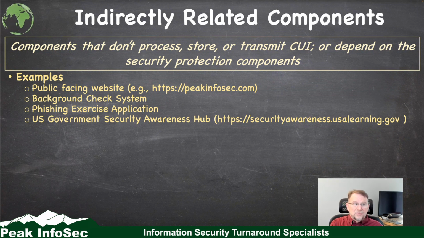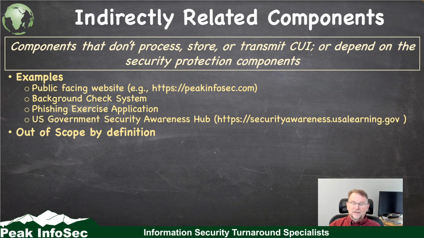These are all things that are critical to the way you may operate as a business, but by definition are out of scope. Now you've hit our very first one here, definition. So we need to recognize that this is actually your first scoping method. If it doesn't fit, you can take it out of scope.